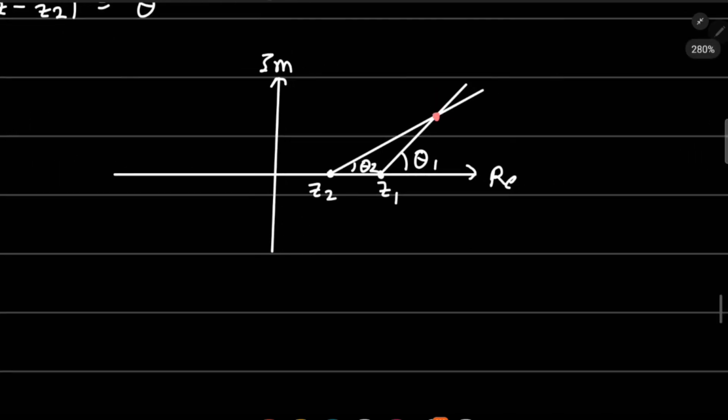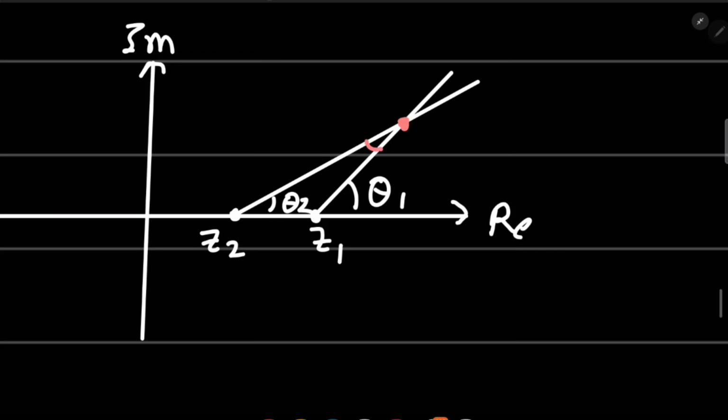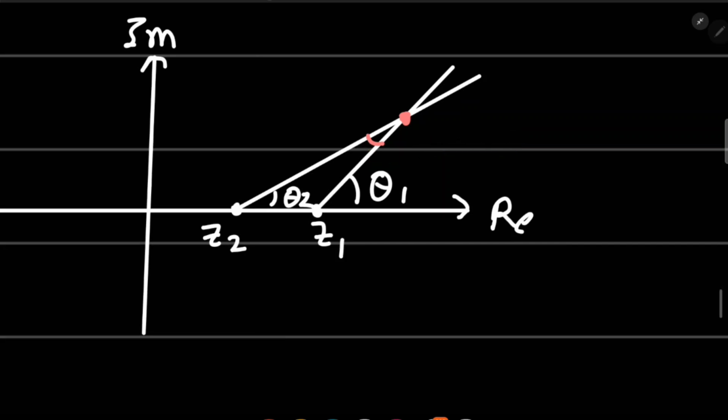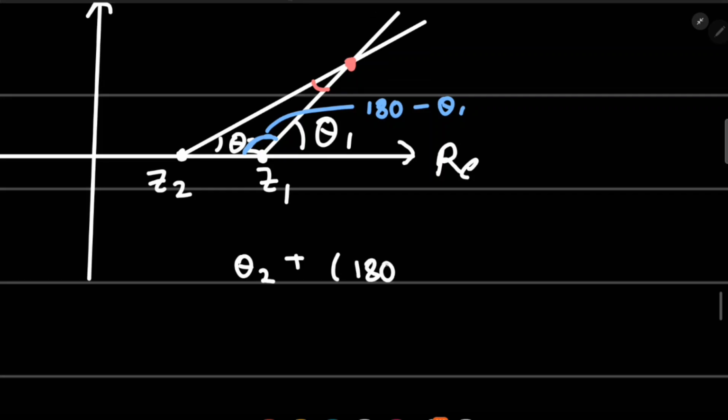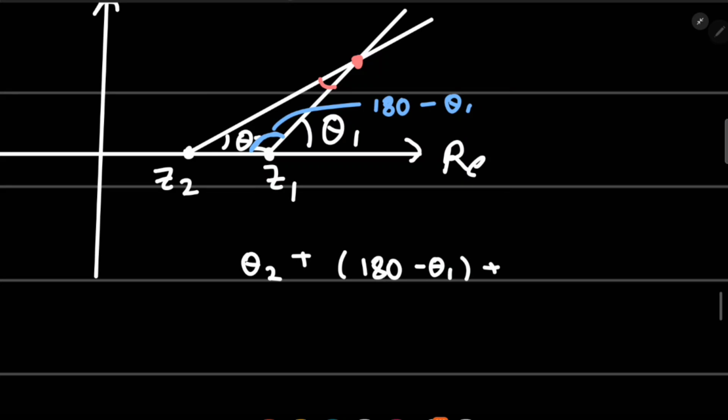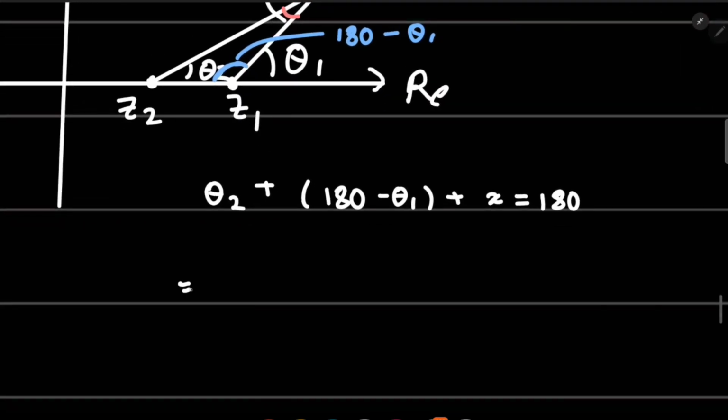This angle over here will become theta 1 minus theta 2, and we can show that as well. Since this is a straight line, this angle will be 180 minus theta 1, and we know that theta 2 plus 180 minus theta 1 plus this angle x will add up to 180, since these are interior angles of a triangle.